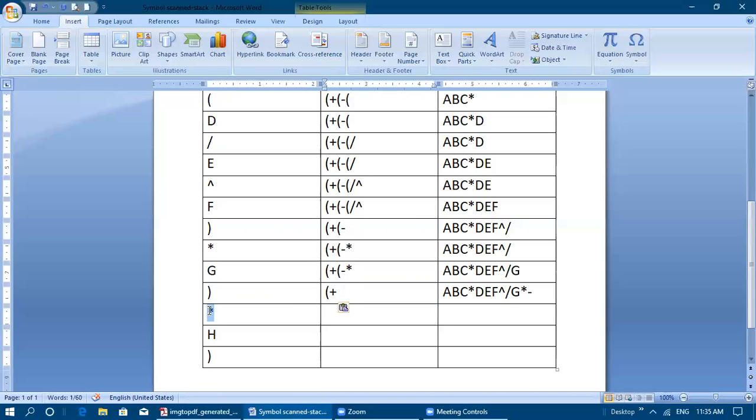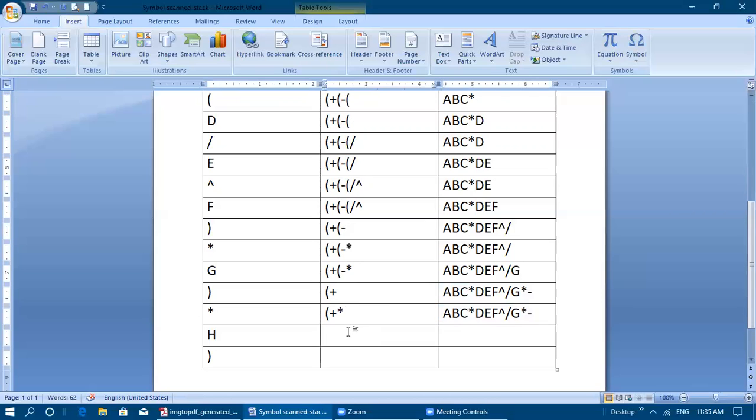Star is the only one having higher precedence. So the operator on top of the stack does not have the same or higher precedence than the scanned operator. So we push the star into the stack. What will be the symbols of the stack now? After this plus, we add the star. The expression will be the same.